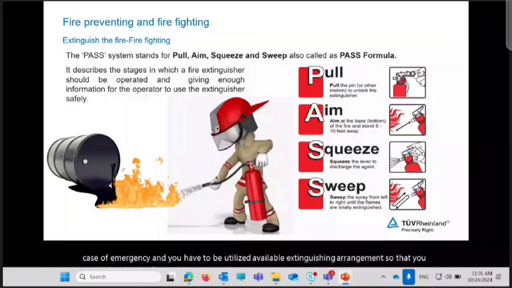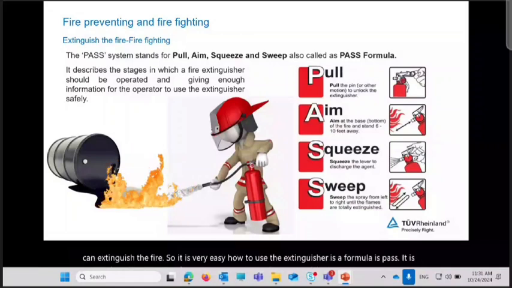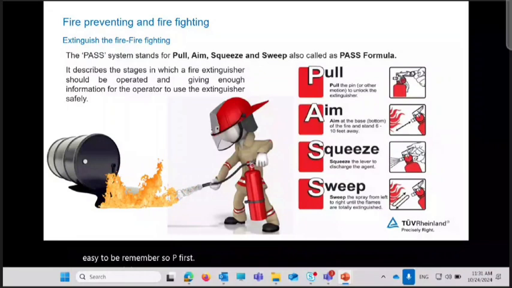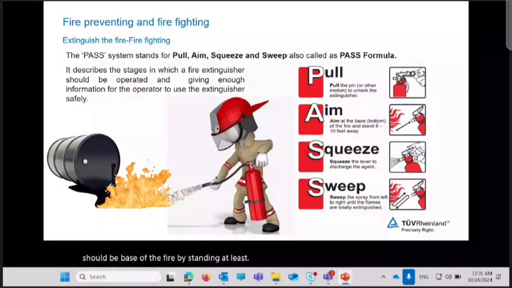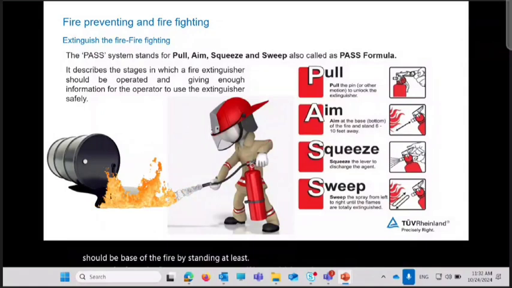P, the first letter, means pull. The extinguisher has a seal pin, so you have to unlock it. Then your aim should be the base of the fire, standing at least 2 meters away from the fire. You should not put yourself at risk by going near the fire.